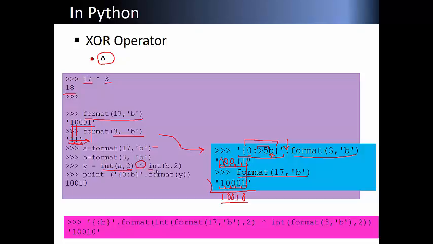So these two binary codes are exclusive ORed and assigned to variable B, and finally that variable B format is again converted to binary here, as we did here. This exact same one, right? Therefore, it returns 1, 0, 0, 1, 0. Okay.